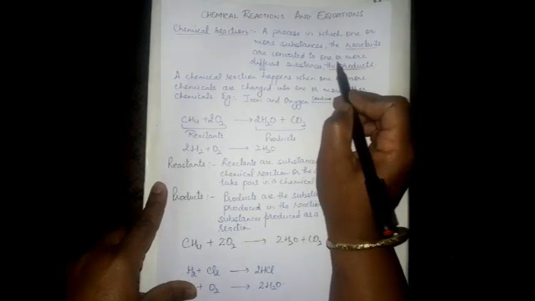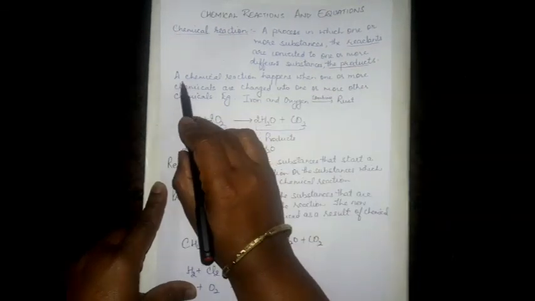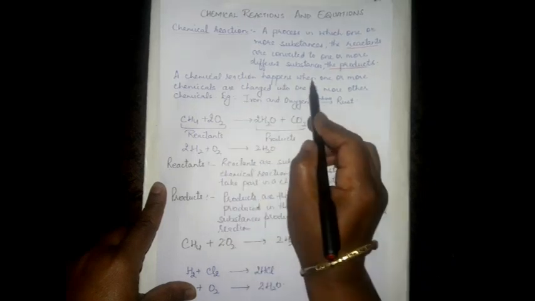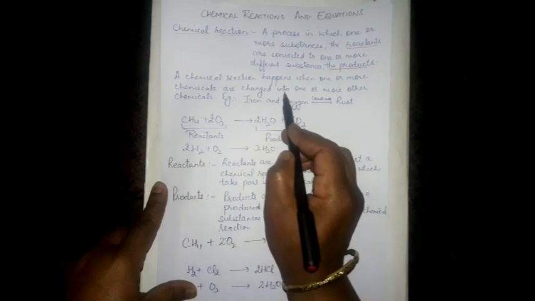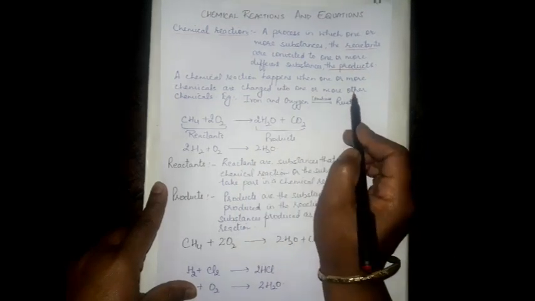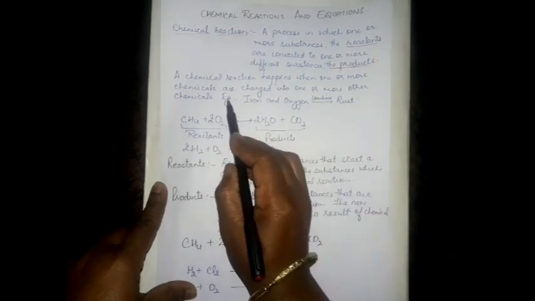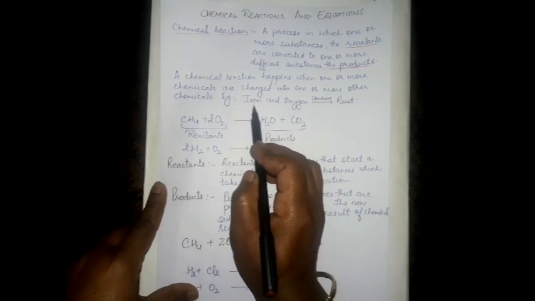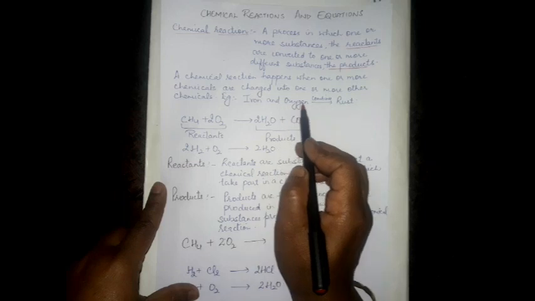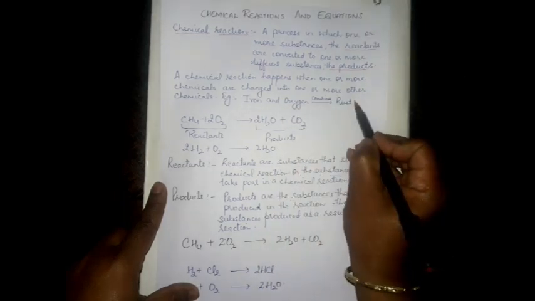A chemical reaction happens when one or more chemicals are changed into one or more other chemicals. For example, I will give you a simple example: iron and oxygen, when they combine together, form rust.